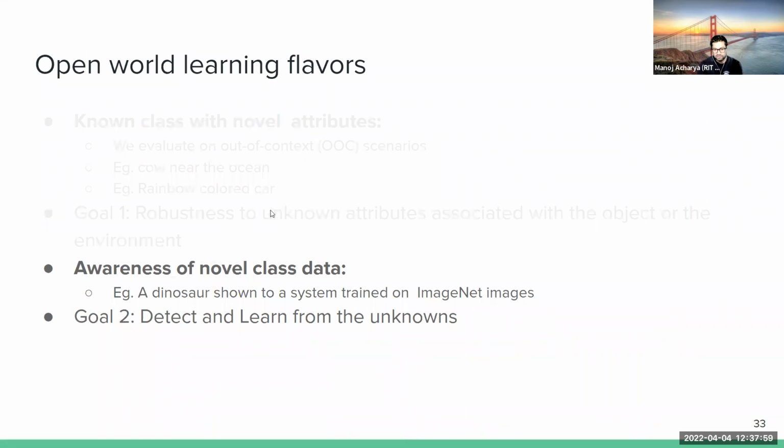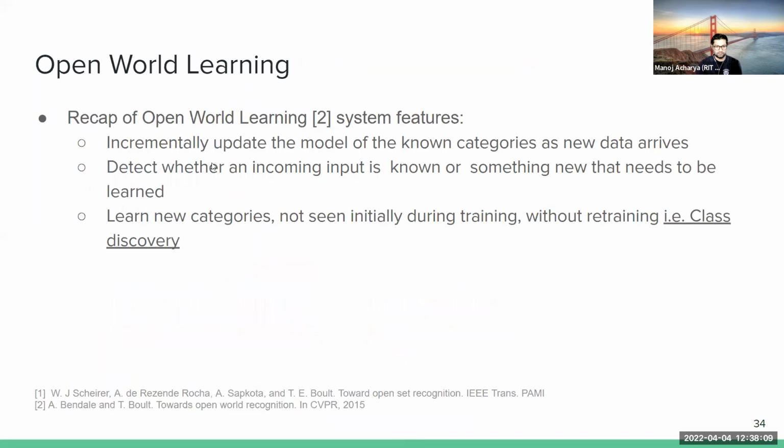I want to move on to the next open world learning flavor here, where we want to detect novel class categories. Briefly recapping open world learning features, we want to incrementally update the model of the known categories as new data arrives.